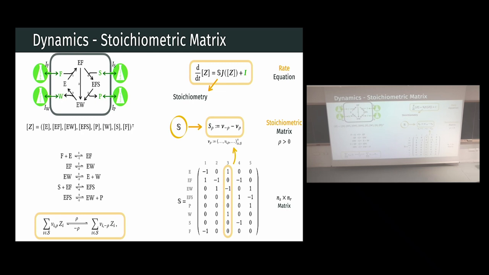Your stoichiometric matrix is one column, one entry for A, one entry for B, -2 and +1. You can think of this process as the forward reaction and that one as the backward reaction, but you can flip it. You can consider this as the forward process and this as the backward process, and then you have +2 and -1. Doesn't matter. All right?